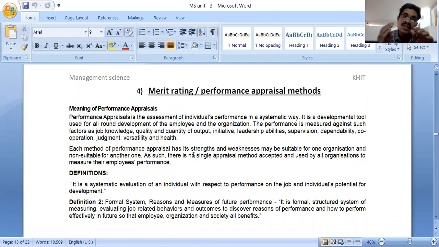After completion of retraining, if the performance is still bad, then the bad performer will be sent to counseling. After completion of counseling, if the performance is again bad, then the employee will be fired from the company.